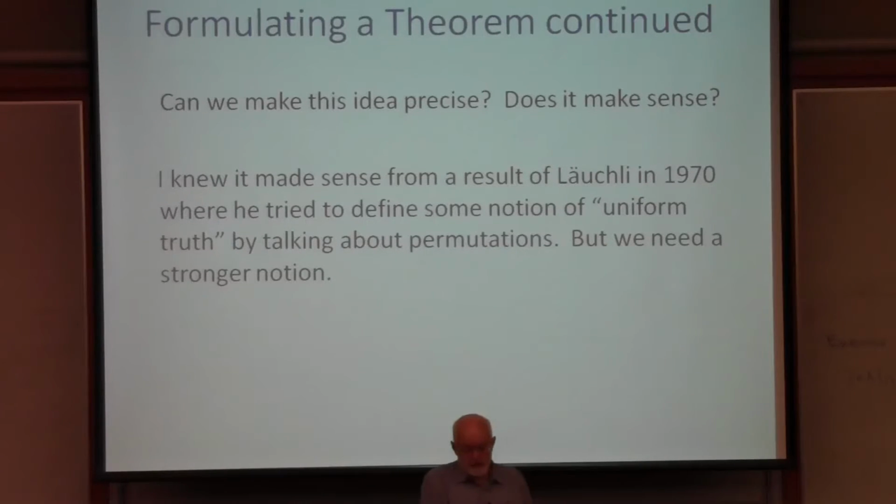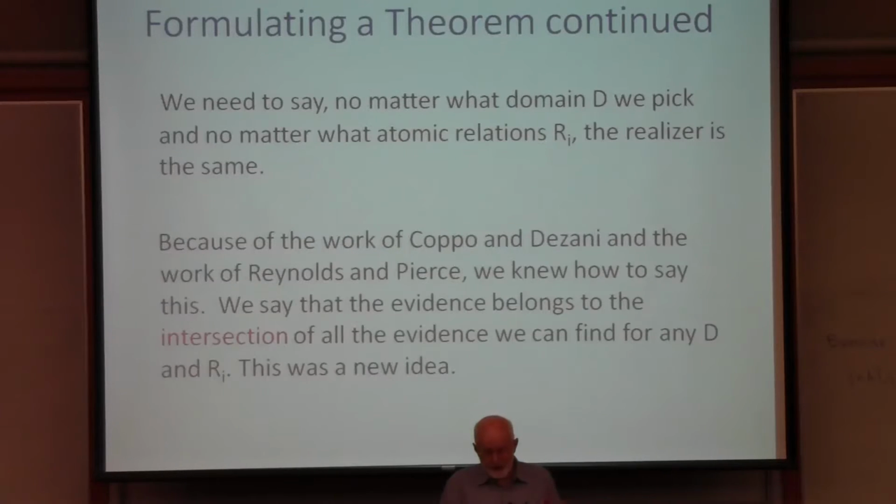And since that time, a number of computer scientists tried to generalize this. One of my former students, Mike O'Donnell, spent many years trying to generalize Lauchley's result. So we knew about this, and we were wondering, okay, is there another way to get uniformity? And so what does that uniformity mean?